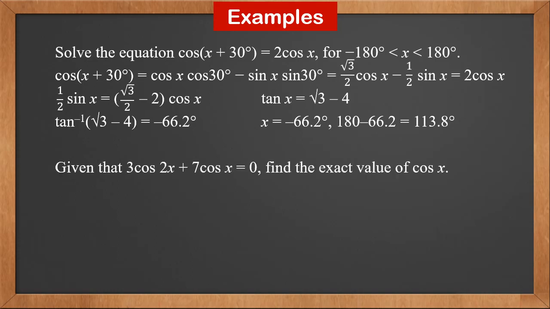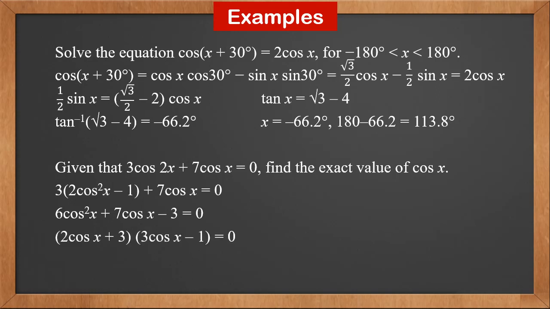Given that 3 cosine 2x plus 7 cosine x equals 0, find the exact value of cosine x. Cosine 2x is 2 cosine squared x minus 1. So 3 times 2 cosine squared x minus 1, plus 7 cosine x is 0. This is 6 cosine squared x plus 7 cosine x minus 3 equals 0.